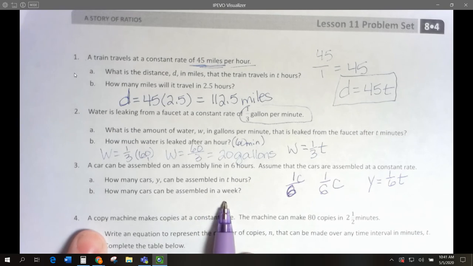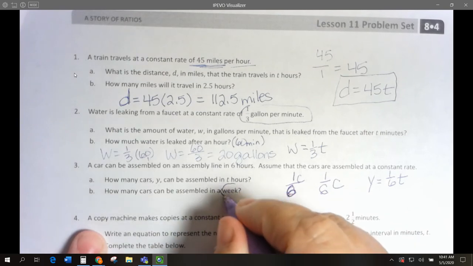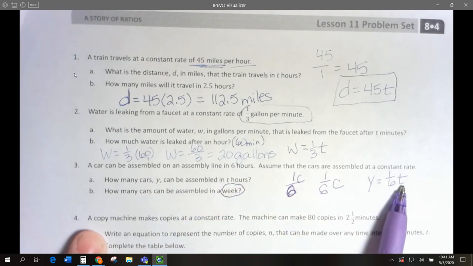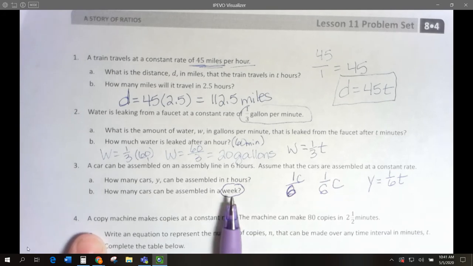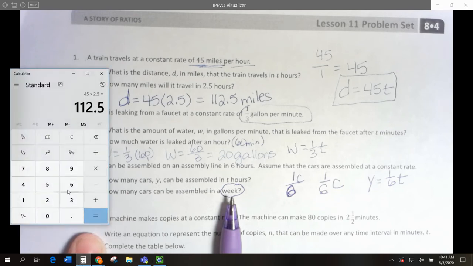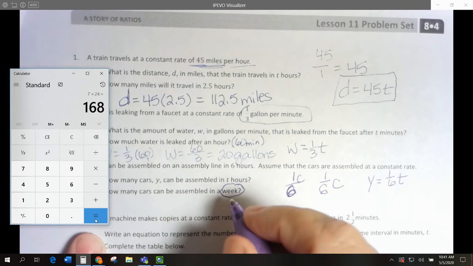So how many are in a week? Well, we need to know how many hours are in a week because this is in terms of hours. There's 7 days in a week, 24 hours in a day. So we'd have to go 7 days times 24 hours each day. So we have 168 hours.